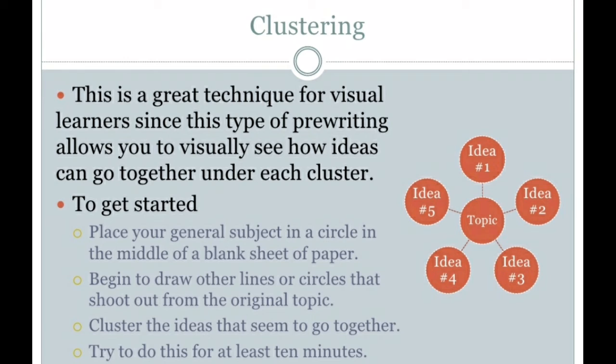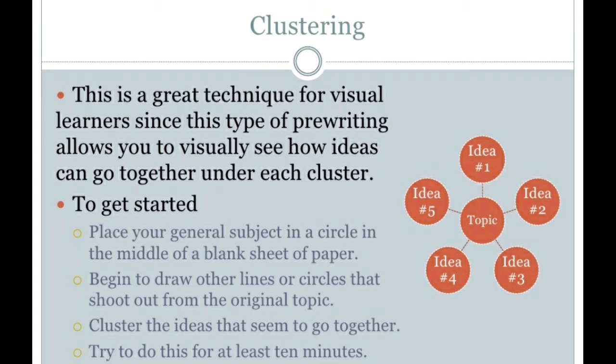Now, clustering. These are the points we saw first, isn't it? And now here it comes, what is clustering? This is a great technique for visual learners, since this type of pre-writing allows you to visually see how ideas can go together under each cluster.